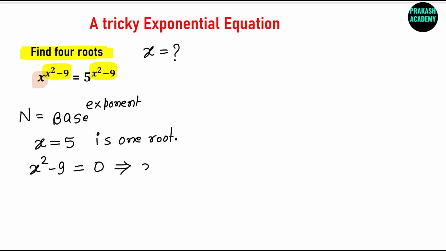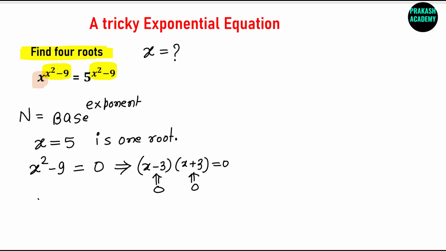This means x minus 3 into x plus 3 is equal to 0. I am basically using the formula a square minus b square is equal to a plus b into a minus b. So from here I can say either this term is 0 or this term is 0.